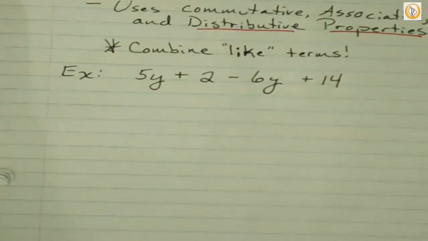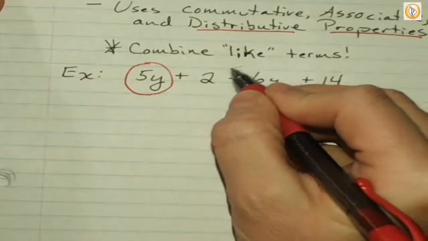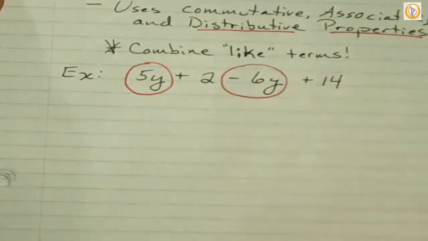So what terms can we combine? Raise your hand. Atalia? Now remember when we went over this before, I'm circling my like terms, and I'm including the sign before it. Joseph, are there any other terms that I can combine? Yes, 2 and 14.